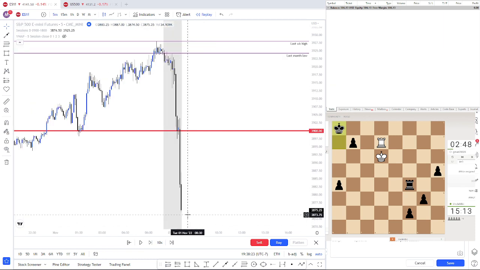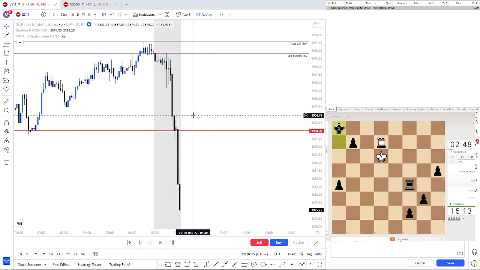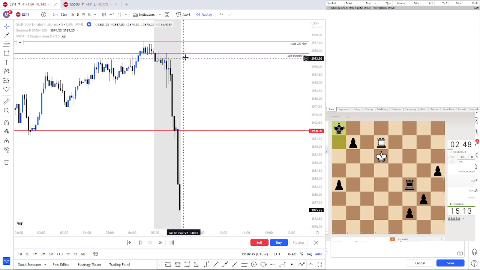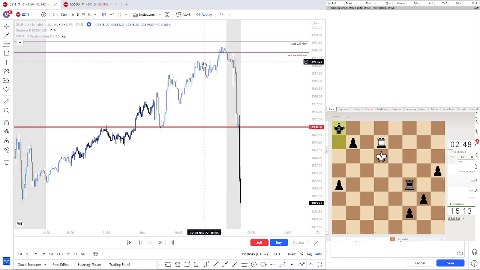Wow, price has really dropped off last month's low, last week's high. Two lines right there, heavy. Plus, not only is it two lines there, there's also the 25 mark there. So there were heavy rejections there. But if price was gonna break through that, it had to just pop through it like that.